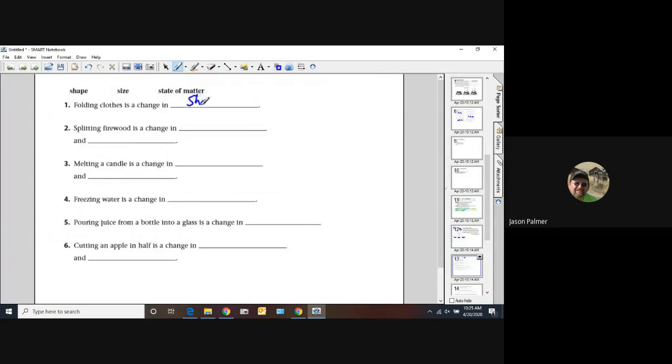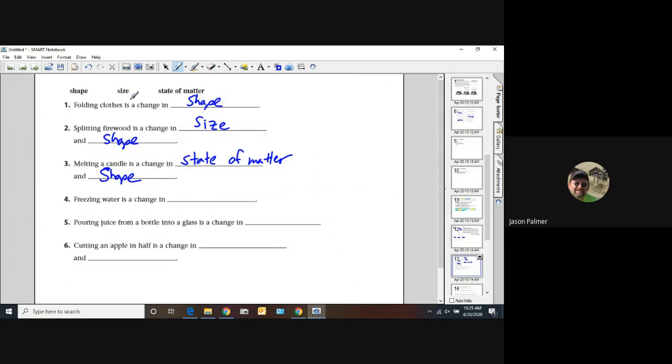Holding, like shape, putting firewood, changing its size and shape. Melting, changing the state of matter, and release size. This is a tough one because it's size and shape, depending on how I put shape.